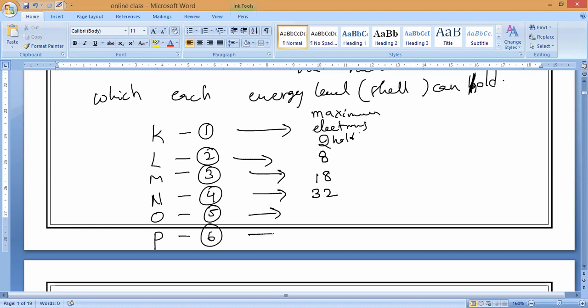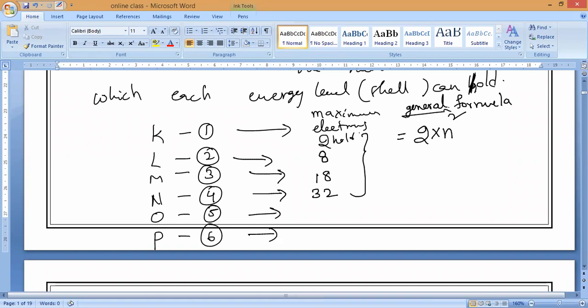From this, we can generate one general formula: 2n square is the general formula for calculating the number of electrons fitting in the given energy level or energy cell. Understanding?